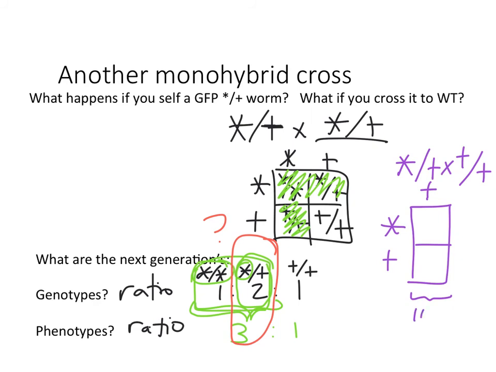The width of this column represents 100% of the gametes that plus over plus parent is going to produce. The height of this table represents 100% of the gametes that the heterozygote parent produces. It's divided in half because 50% of its gametes are plus and 50% are asterisk. Why draw extra lines? Make a Punnett rectangle.